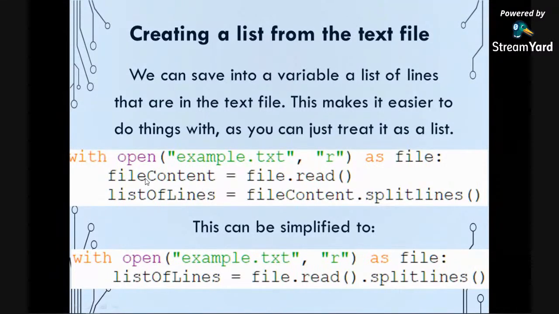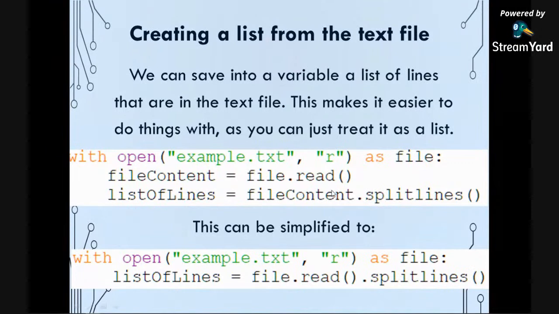But just to make it really clear to you what's going on here, file content is file.read, and then list of lines is file content dot splitlines. So it's splitting your text file, all of the different lines that you've got, into different lines, and then it's saving them into a list. Now that's not very obvious from this word here, splitlines, but that is what it's doing.